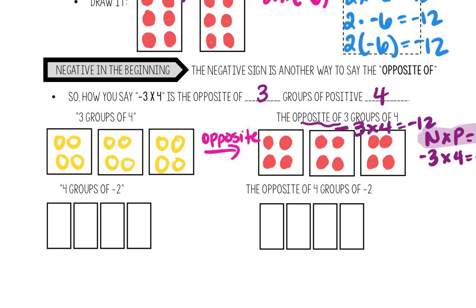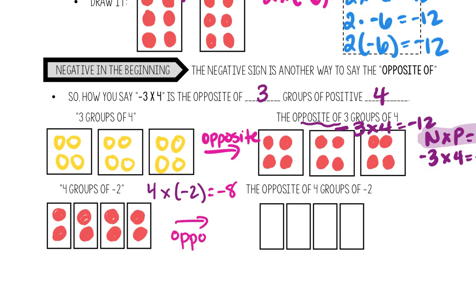So now let's show 4 groups of negative 2. 4 groups of negative 2 means 4 times negative 2. So I'm going to draw 4 groups of negative 2. When I have 4 groups of negative 2, what do I have? Negative 8. Now let's say I want the opposite of that.